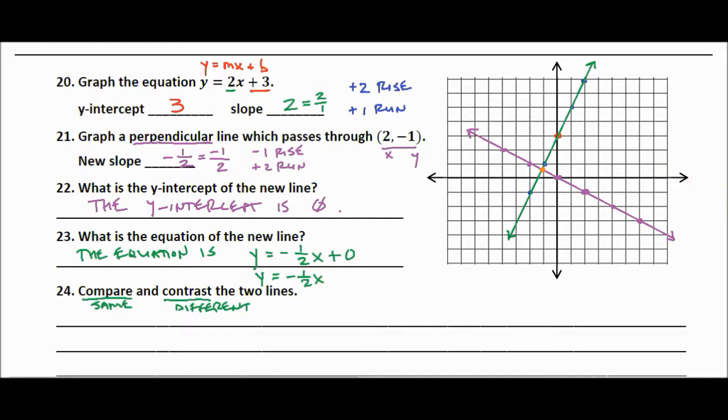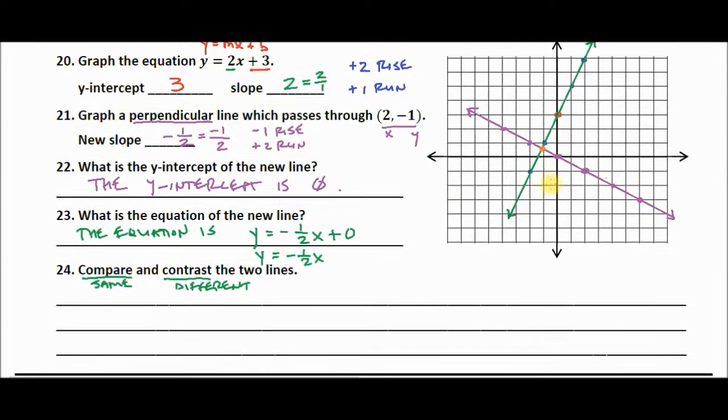So when you write compare and contrast, what I would say is these lines are only the same at the point of intersection. There's the sameness. And they're different because they have a different slope and a different y-intercept.